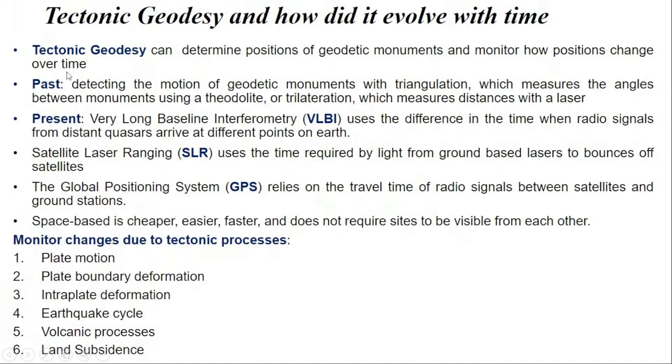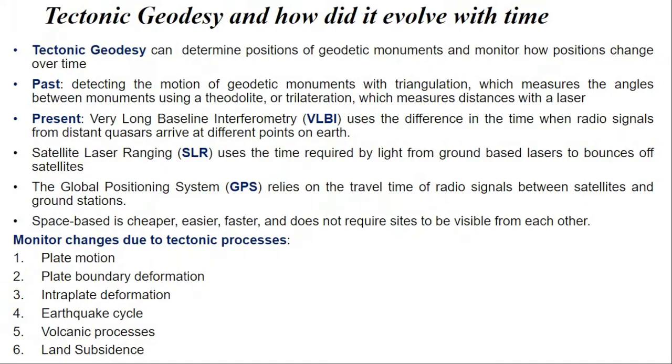can determine the position of a geodetic monument and monitor how the position changes over time. As I told you, this detects the motion of geodetic monuments with triangulation, which measures the angle between the monuments using the theodolite, and trilateration, which measures the distance with a laser. After that, we jumped into very long baseline interferometry, before GPS.